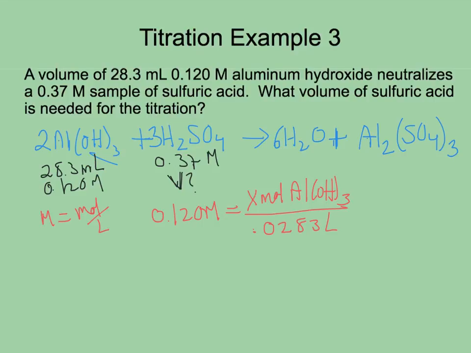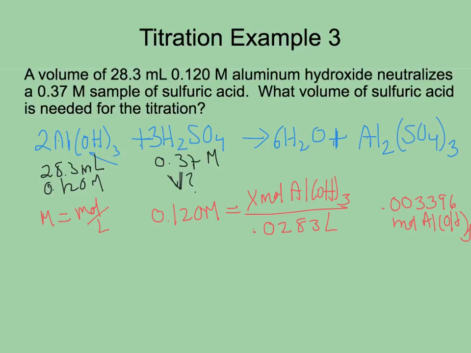So that gives me 0.00396 moles of Al(OH)3. You can round it at this point. I like to round at the very end with my sig figs.